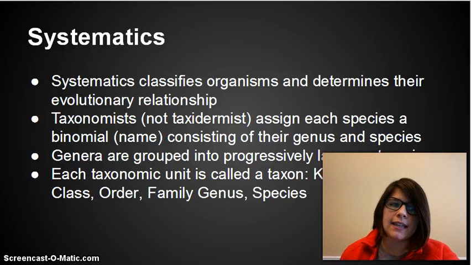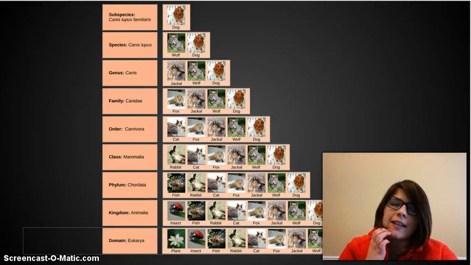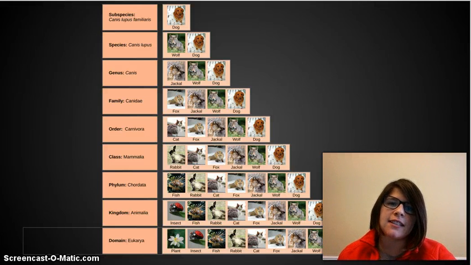We'll go into that a little later. Now, we just talked about those taxons, and I want you to understand that as we start out with a taxon, we go smaller and smaller as we go down the line, or bigger and bigger as we go up the line.